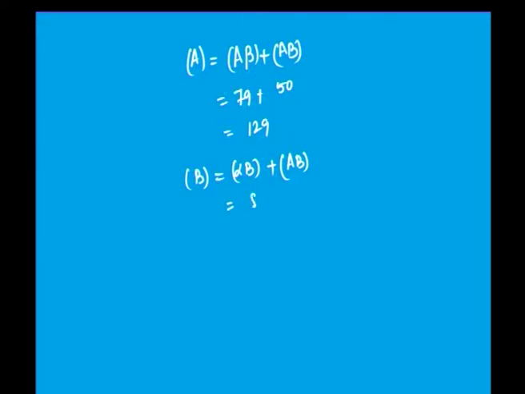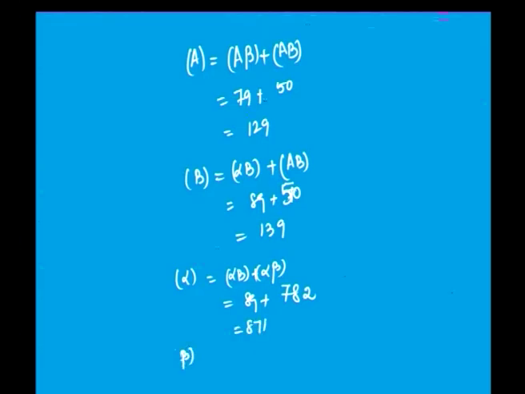Alpha B is 89, AB is 50. This value is 139. Next, alpha value. Alpha value is alpha B plus alpha beta. Alpha B is 89, alpha beta is 782, and this value is 871.